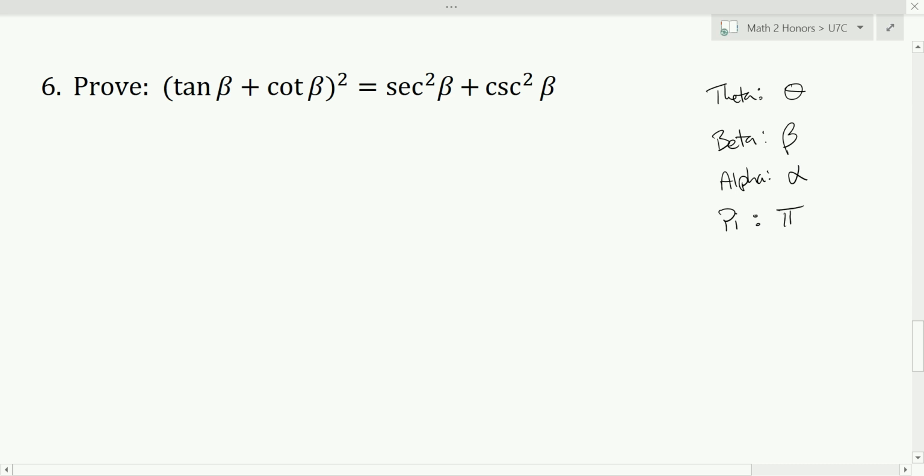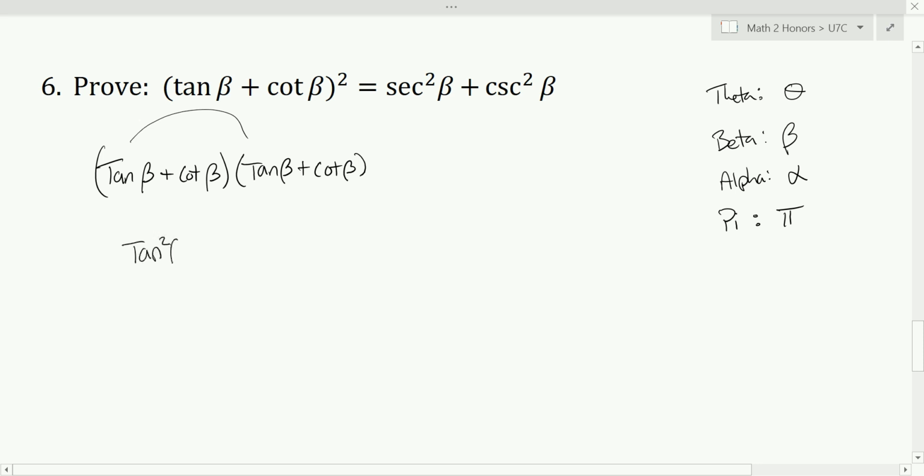All right. So the proof here. So we got tangent beta plus cotangent beta, and it's squared. So I'm gonna put another tangent beta plus cotangent beta, and now I need your help. What is tangent times tangent?